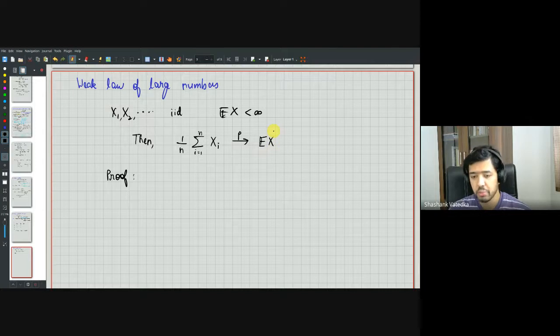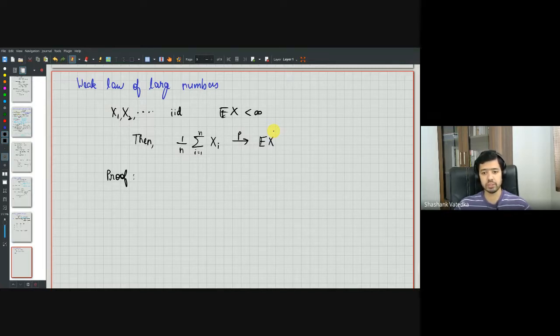So for example, when you toss a coin n times, you know that for sufficiently large n, if it's a fair coin, then the fraction of heads is going to be a half. So the weak law of large numbers, or more generally the laws of large numbers, make these statements more formal.